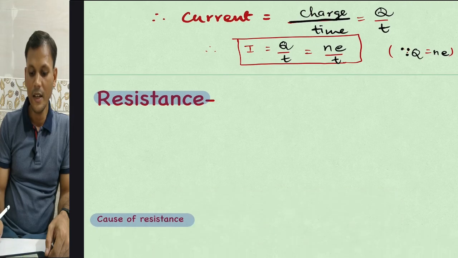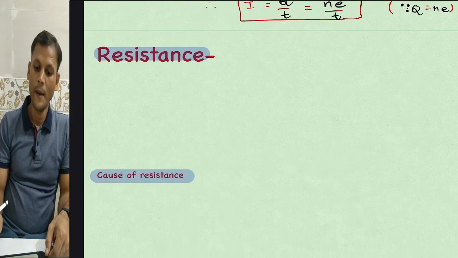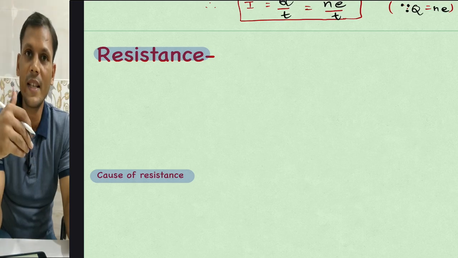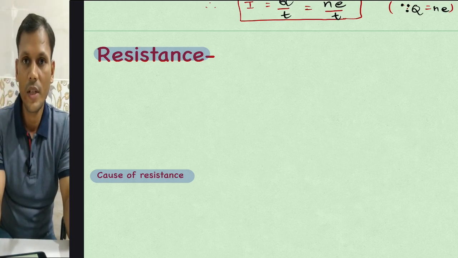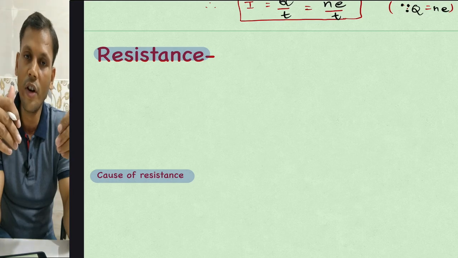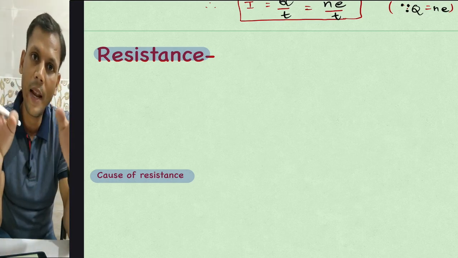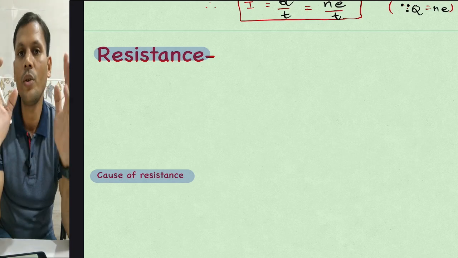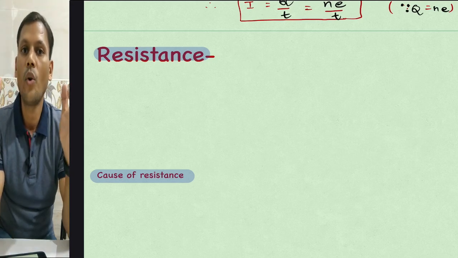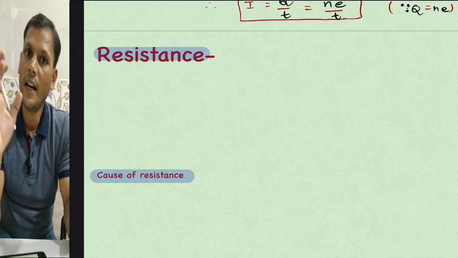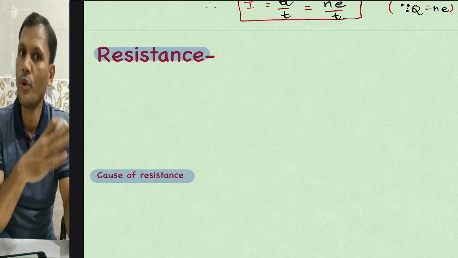The next term is resistance. We have heard about resistance. What is resistance, first of all? In a simple way, we say that in any conductor there are free electrons, and as we apply the terminal potential difference across them, electrons collide with each other, and due to collision electrons oppose their motion.